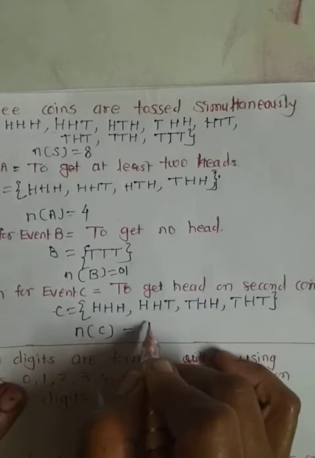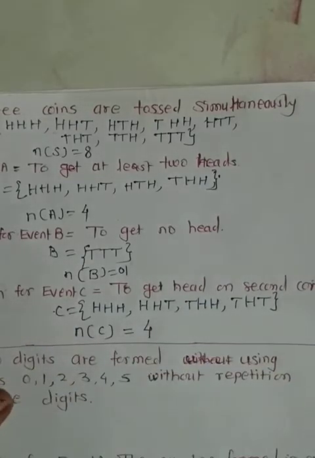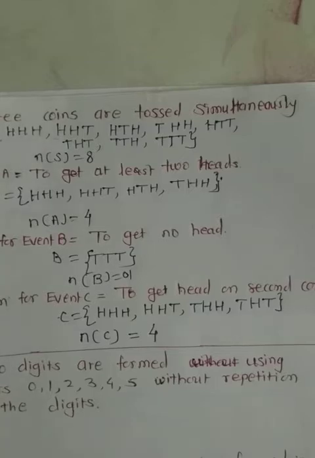Number of C is equal to, again, 4. Means in this way we write the sample points.